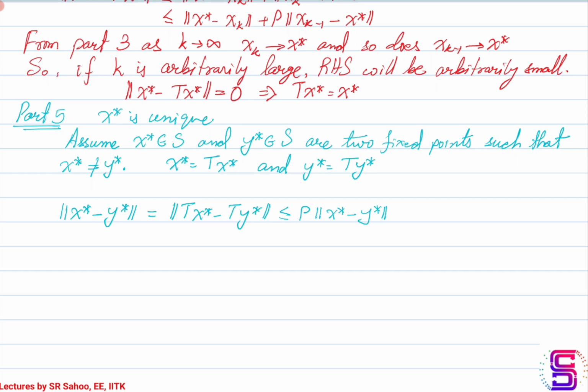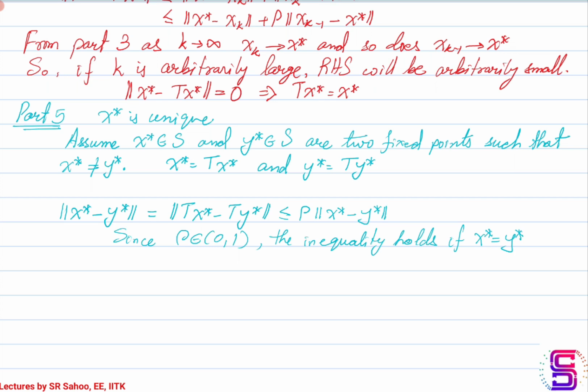So this inequality will hold only if x star is equal to y star. Since rho is between 0 and 1, the inequality holds if x star is equal to y star.